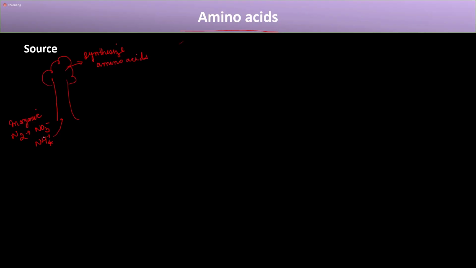Now, the plant, or any living organism, cannot store this amino acid in its original form. So what they do is convert it into a chain of amino acids, that is protein. So the amino acid is converted into the form of protein.